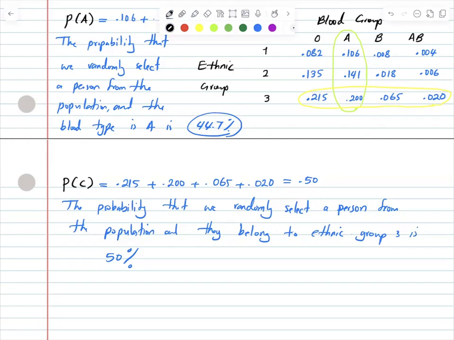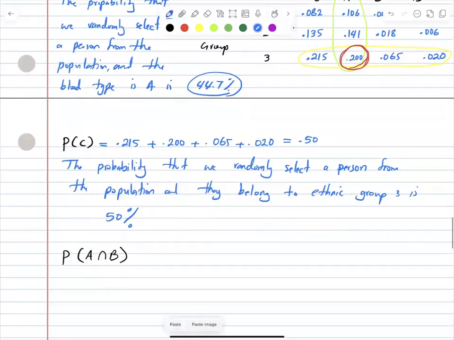Let us calculate the probability of some intersection. For example, what is the probability that you select a person with blood type A and that person is from ethnic group number 3? We are basically looking at their intersection. The intersection is 0.200 or 20%.